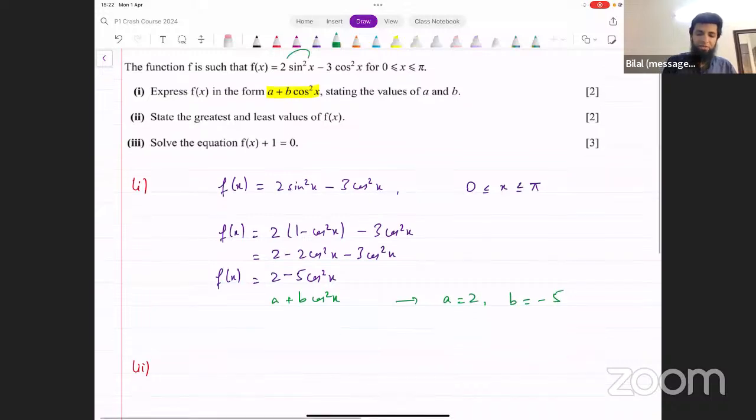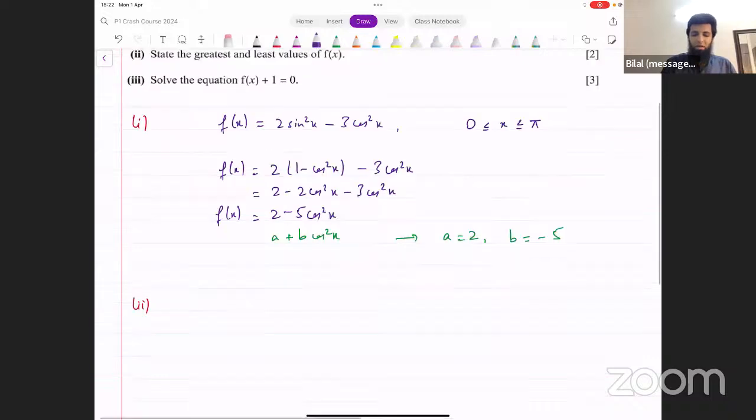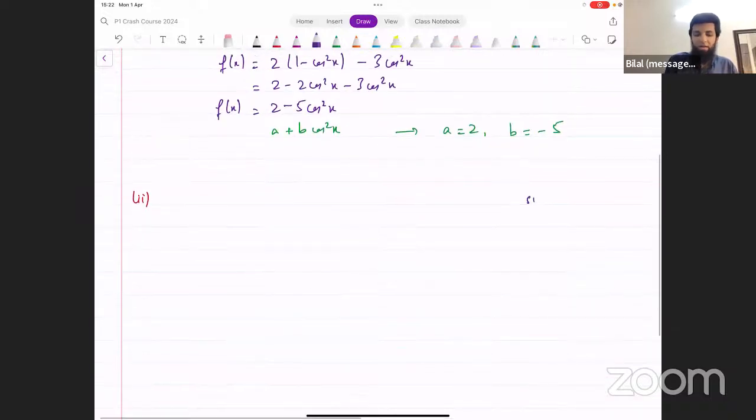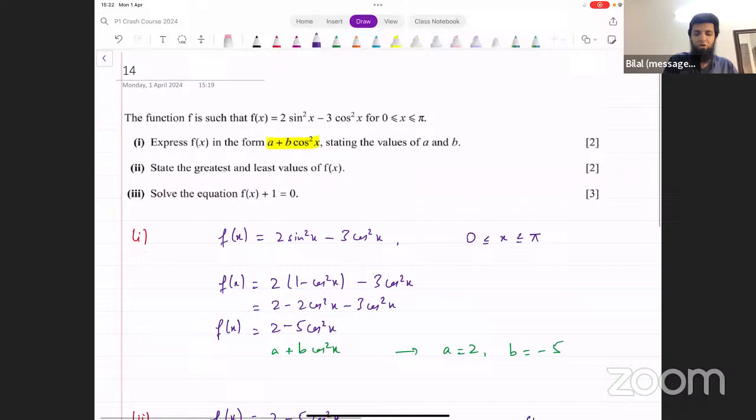Now we have sine square and cos square. First of all, remember, we have already converted this function to this form, 2 minus 5 cos square x. Let's use this form, and then I'll tell you why you can't use the other form. We'll talk about that.